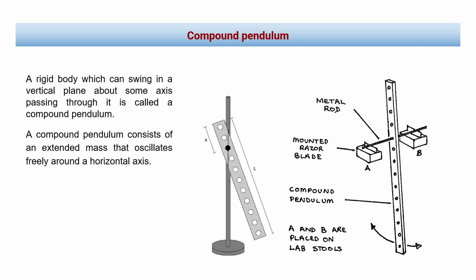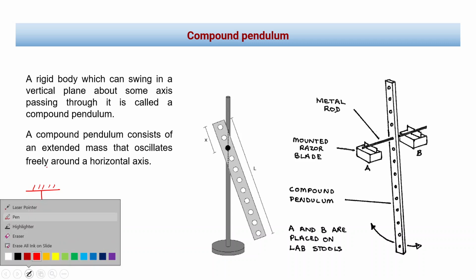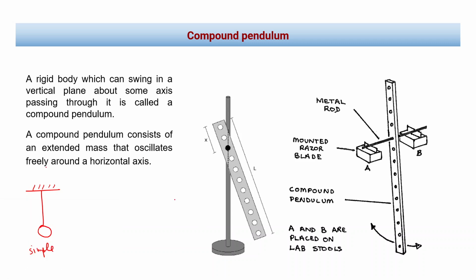So we had discussed another kind of pendulum, which is a compound pendulum. How is it different from a simple pendulum? The one with a string or thread and a bob at the other end is called a simple pendulum.